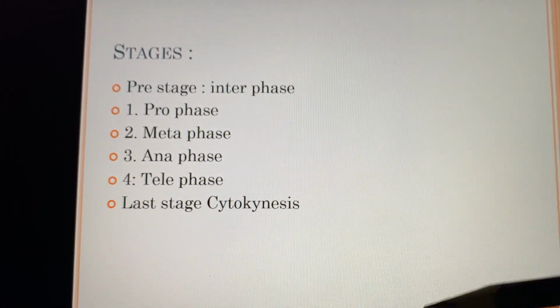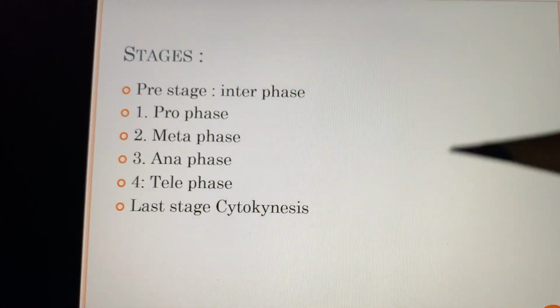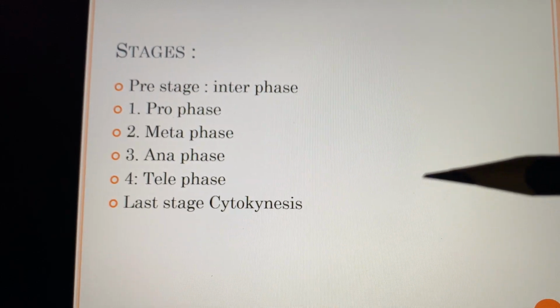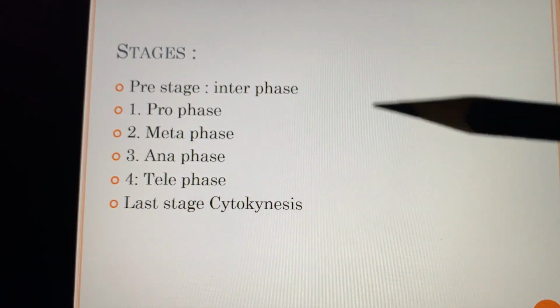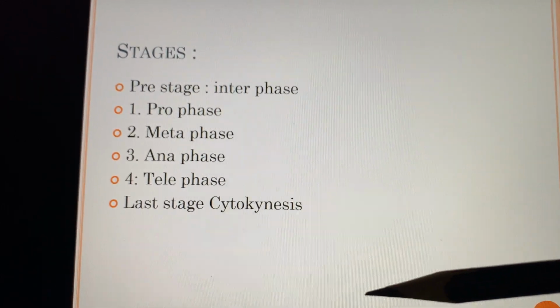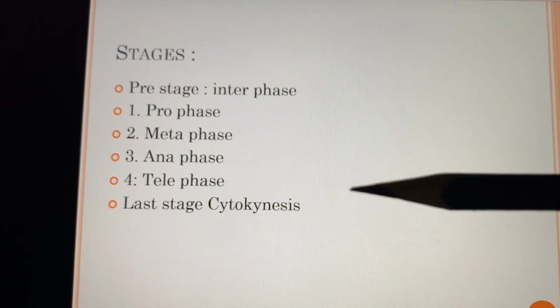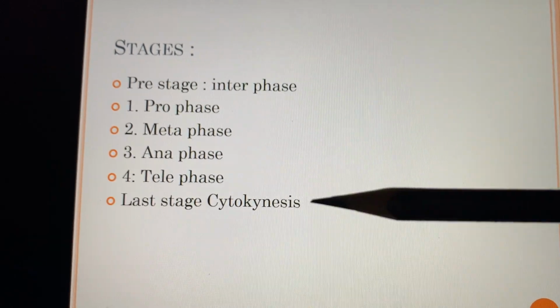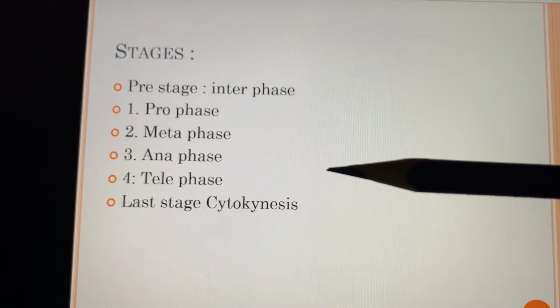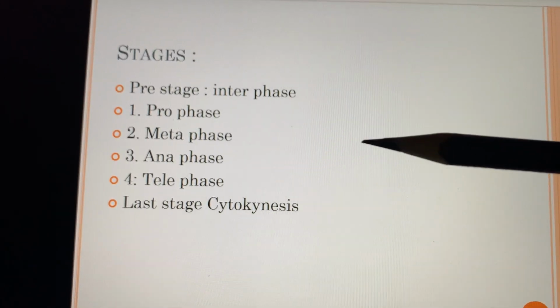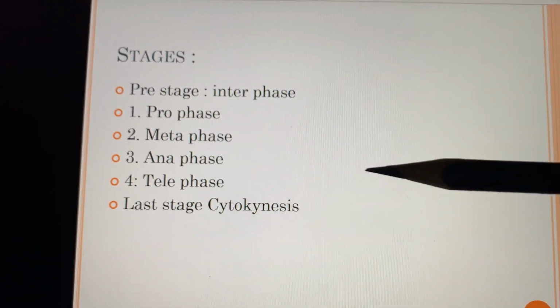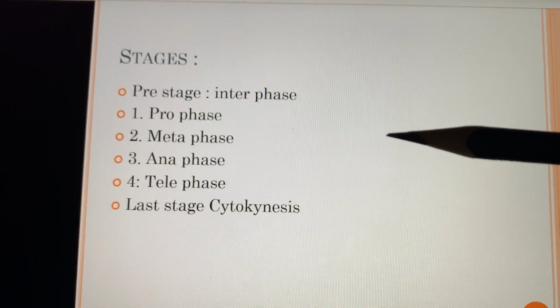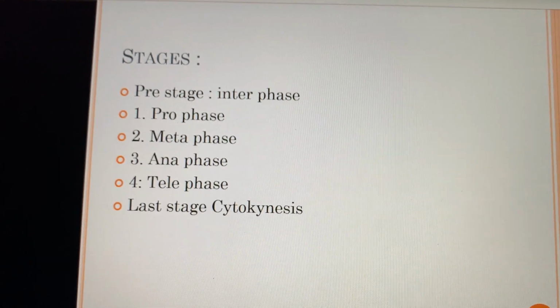Of course, you have to memorize what happened in each phase. But in the lab, when you see the picture of any cell division phase, I need you to recognize which phase that is. So are we clear with this? I don't want you to write down what you have learned in the lecture. I need you only to recognize the phases, as you can see them under the microscope.